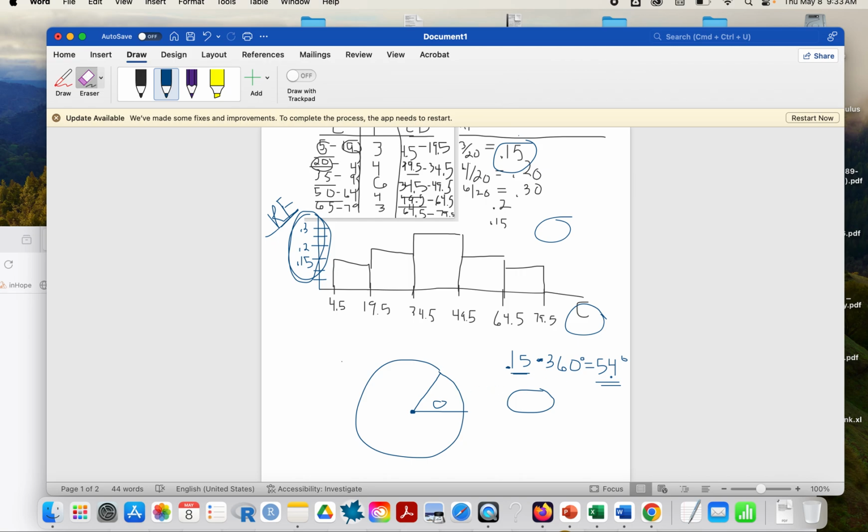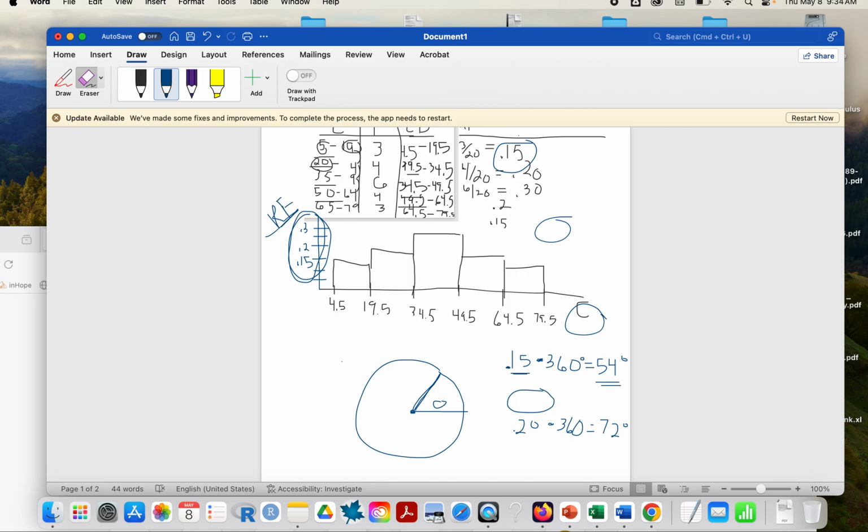Okay, so I've got 54 degrees for the first one, and I'm going to take 0.20 times 360. And you're going to have 72 degrees coming out of that one. And so what you do is you pick up where you left off.